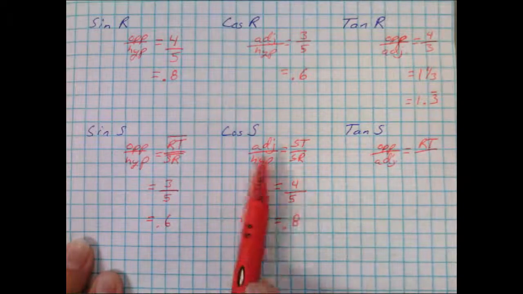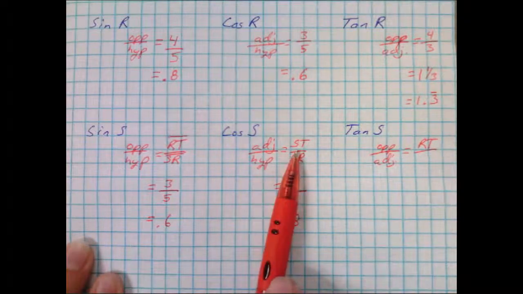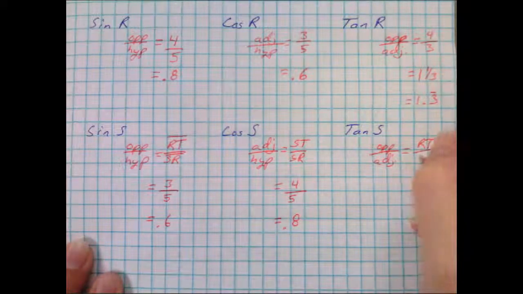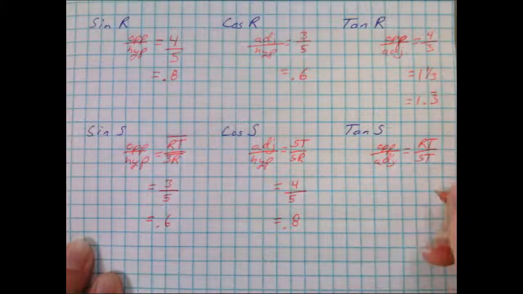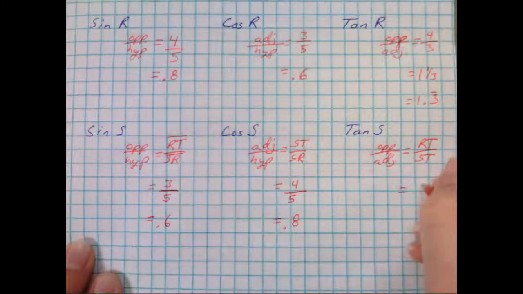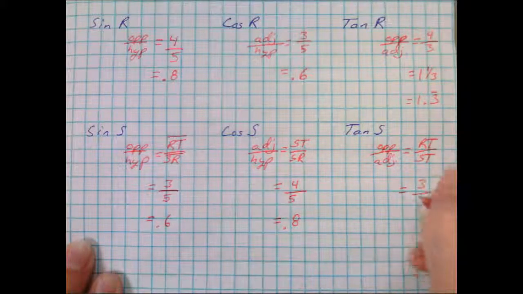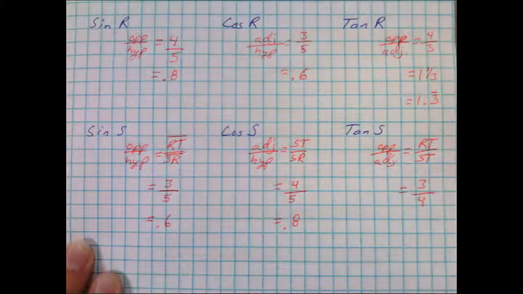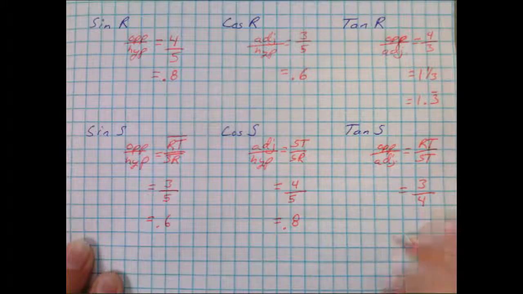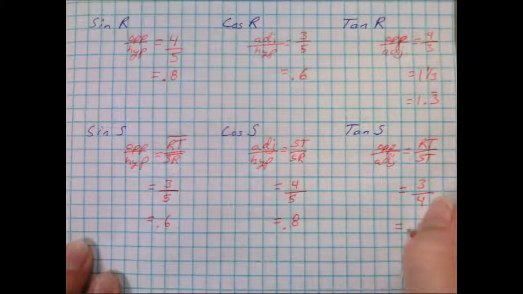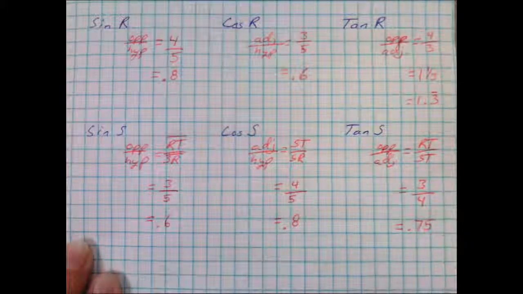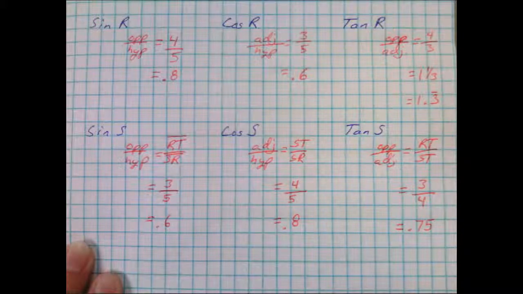And adjacent, we had here with cosine, we said adjacent was ST. What are the number values for that? RT's value is 3 and ST is 4. So 3 over 4. When we change that to a decimal, it is 0.75 or 75 hundredths.